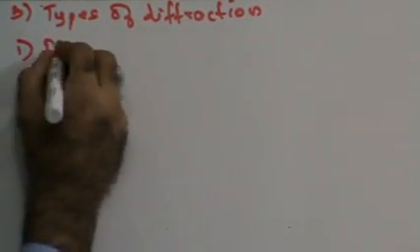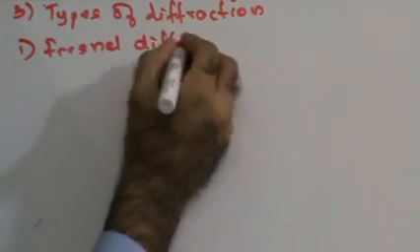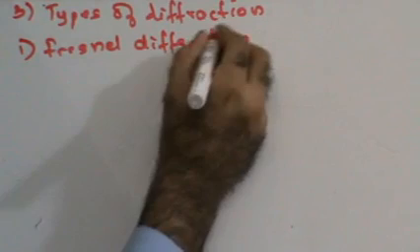One is called Fresnel's diffraction. The first kind of diffraction that you have is Fresnel's diffraction. Now, in the case of Fresnel's diffraction, the incident wavefronts are spherical or cylindrical.